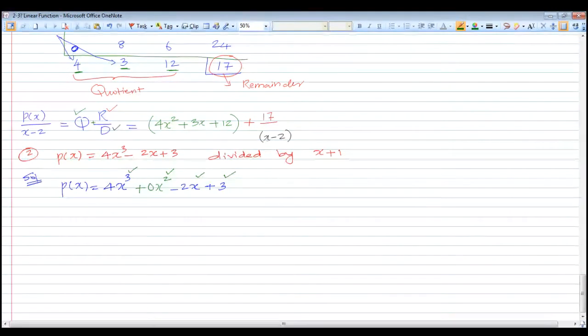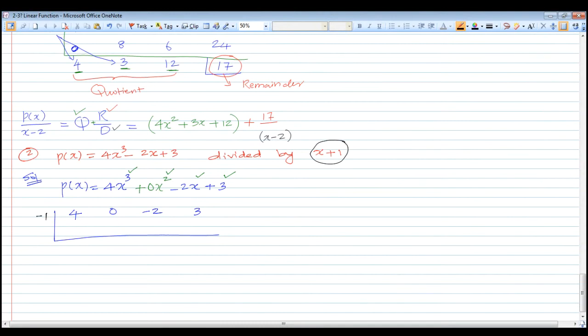So again we apply the same rule. Here we have 4, 0, minus 2 and 3. What is the divisor? X plus 1, so minus 1, opposite sign always.